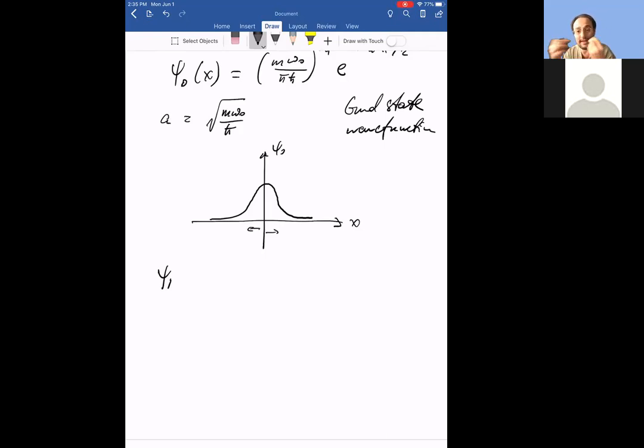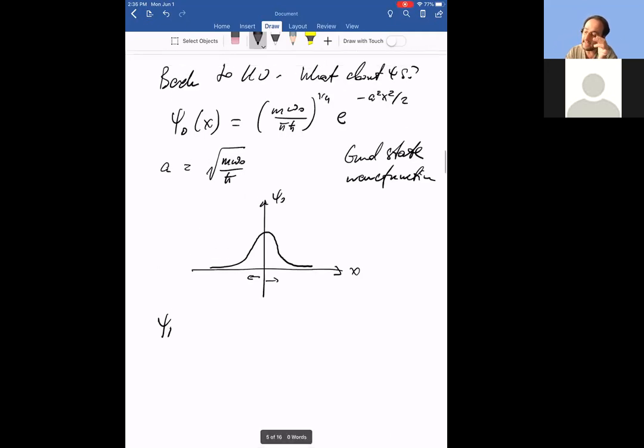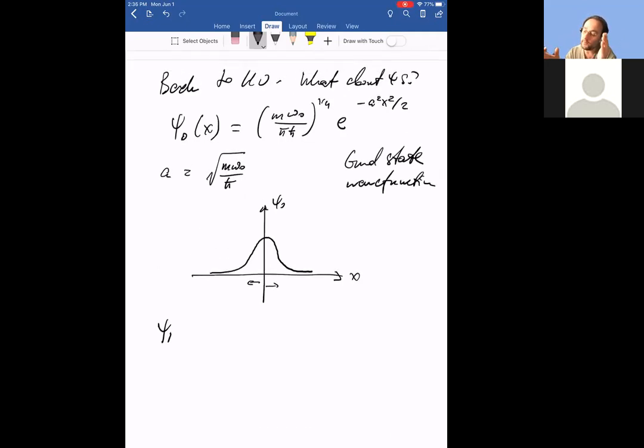That's what's causing that ground state energy. You can talk about the full width at half maximum, which is proportional to 1 over A.